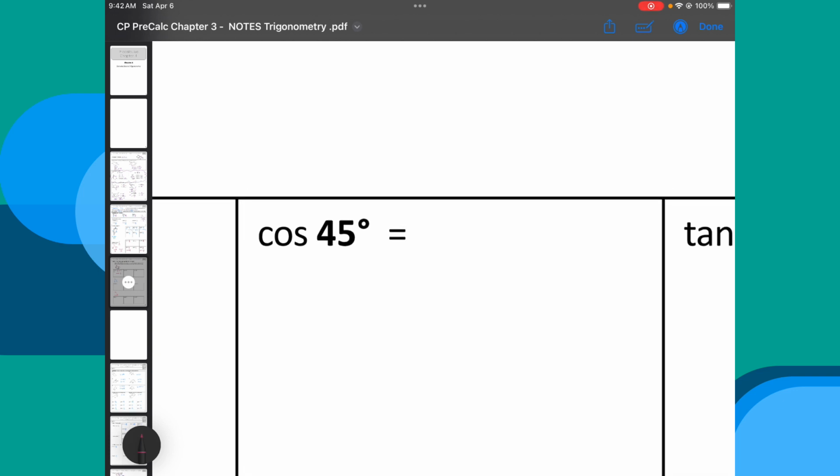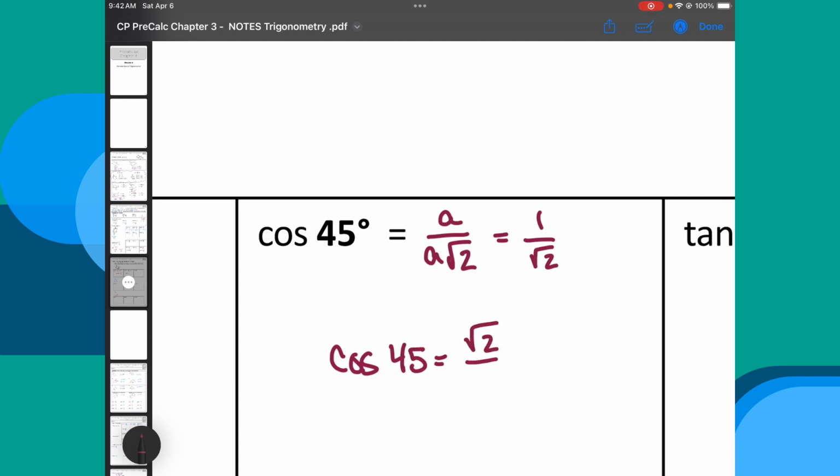All right, let's try that for cosine. So same labels of opposite, adjacent, and hypotenuse. We have our adjacent over our hypotenuse. This one is also going to simplify to 1 over square root of 2. That's because the angles are the same. And then we'll rationalize, and cosine of 45 degrees is also square root of 2 over 2.